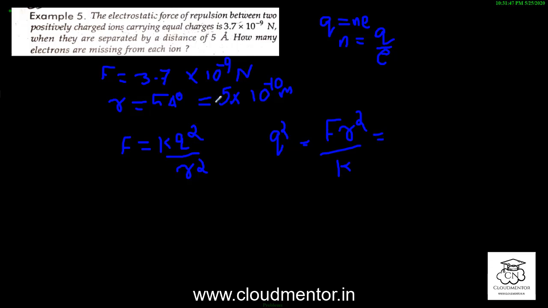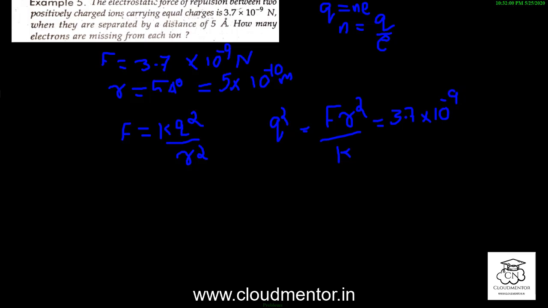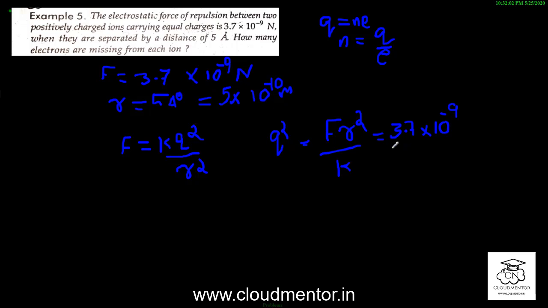Applying the values given here, F is 3.7 × 10^-9, and the distance is 5 × 10^-10. Squaring that, we get 25 × 10^-20, and the whole is divided by k.